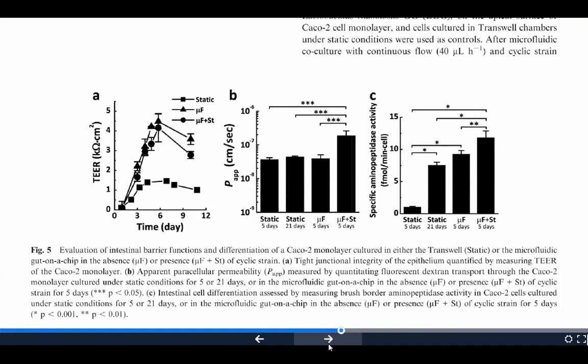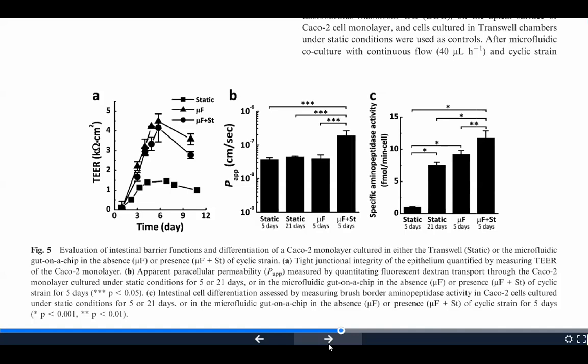As you can see, there isn't any significant difference between the first three groups: static cultured for 5 days, static cultured for 21 days, and the simple microfluidic device cultured for 5 days. They are all at the same level in terms of permeability.